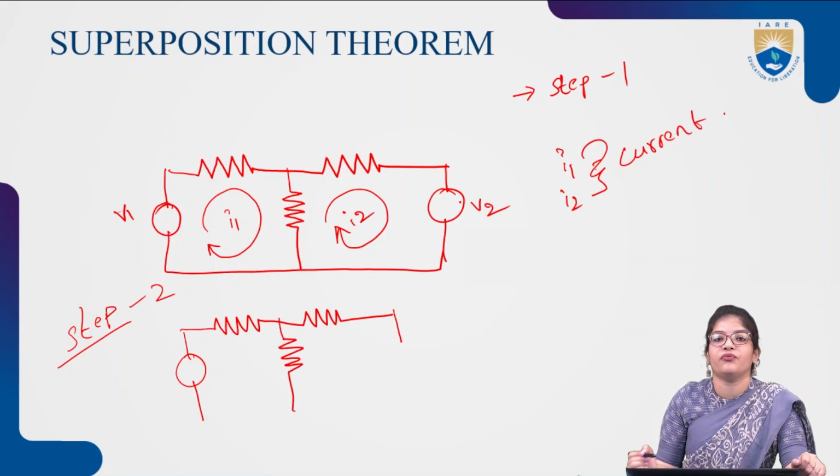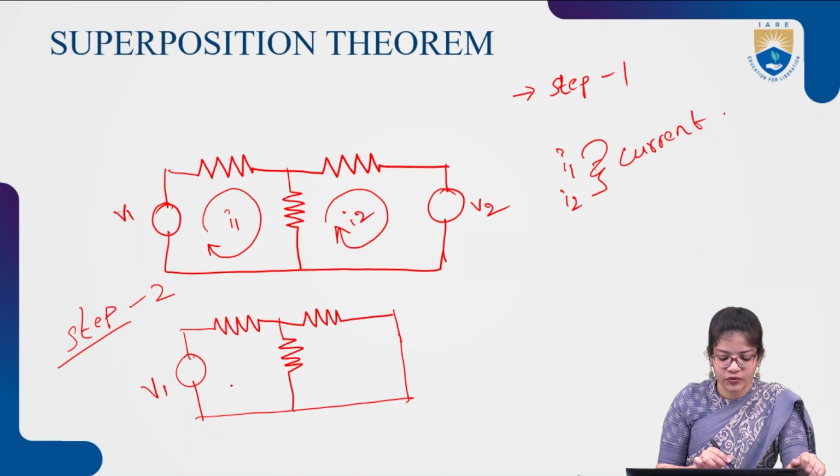Here, as we are taking a voltage source, I am short circuiting it, so only the V1 source will be there. Again we have to calculate the currents I1 dash and I2 dash.